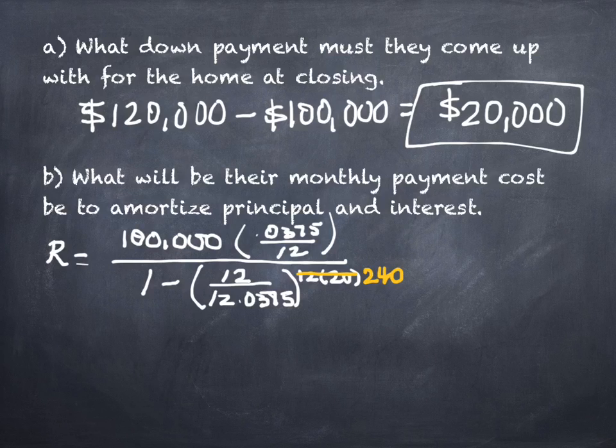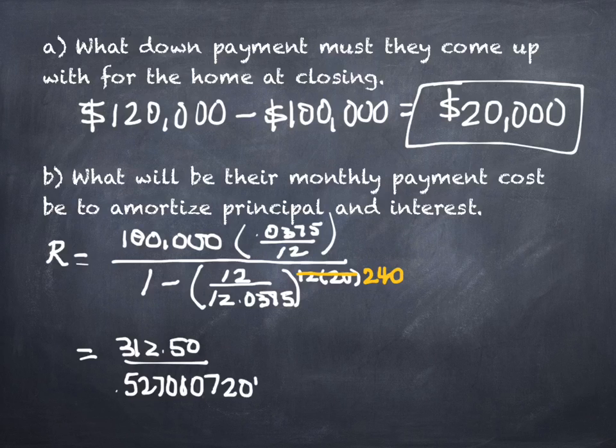If you simplify that denominator, and the numerator respectively, on the top you end up getting 312.50, and then on the bottom you end up getting 0.52708072001. And word of caution again, do not round early.